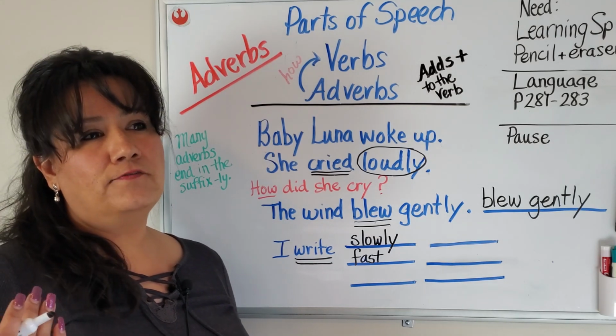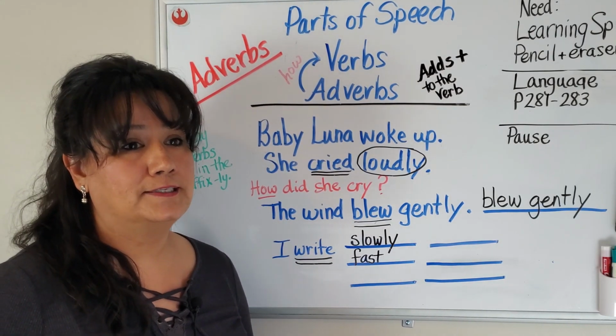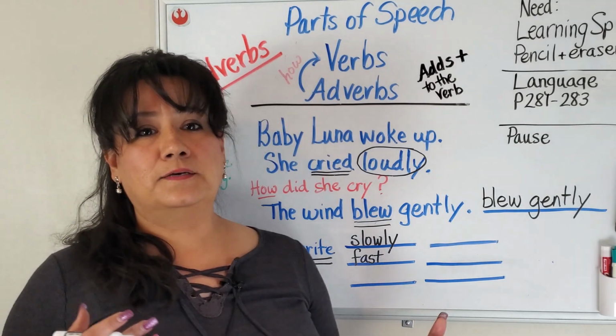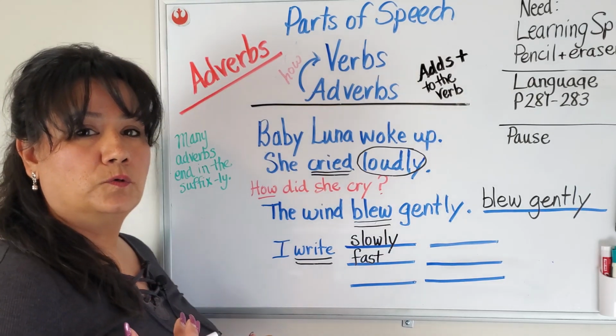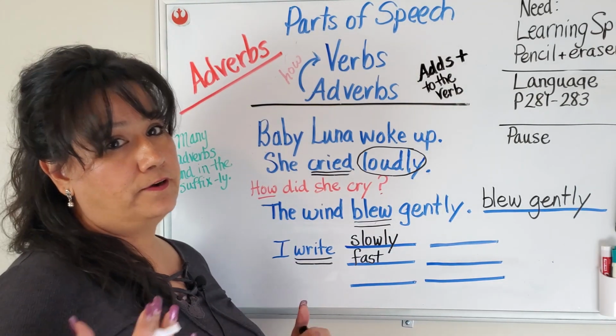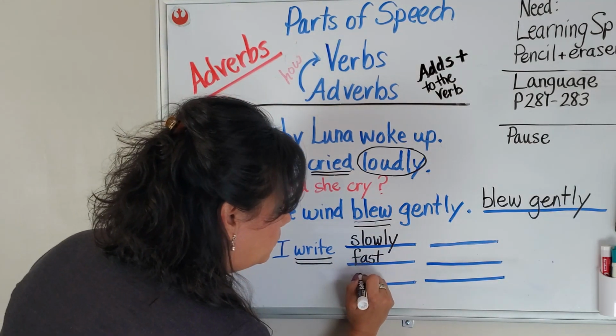And then I have another word for fast that is a synonym. Do you remember what a synonym is? Synonyms are words that mean almost the same. So I'm going to use the word quickly, because I remember several of my students would write very quickly. So we've got the word quickly.